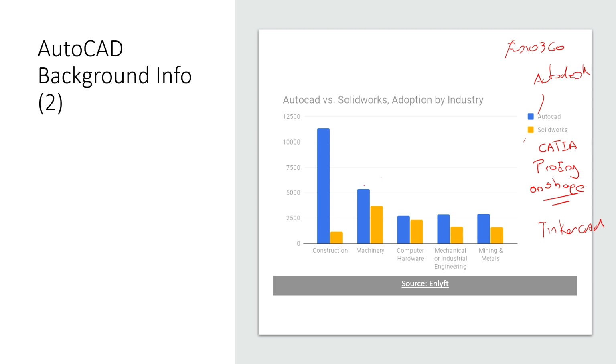But up into this is, I think this is 2020, AutoCAD versus SolidWorks. So in the area of construction, I think this is the amount of companies. I have to go to the source again. For construction, AutoCAD is by far the most used software. Autodesk has something for architecture, which I'm forgetting right now. Revit. Yes, there's another one called Revit from Autodesk.